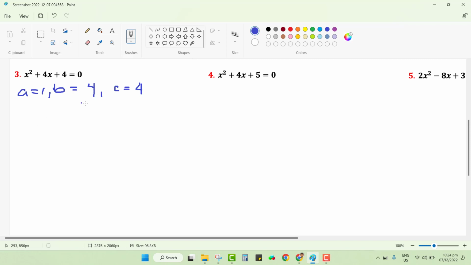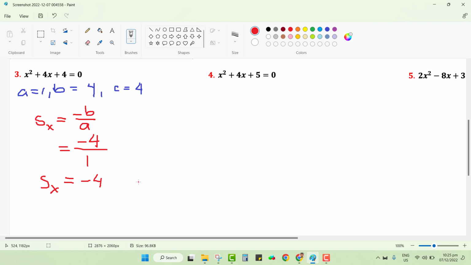So these coefficients will be used to determine the sum, which is again in this formula, S is equal to negative b over a. And here, our b is positive, so simply place here the negative of the value of b, which is 4, over 1. In short, the sum of the roots would be negative 4.